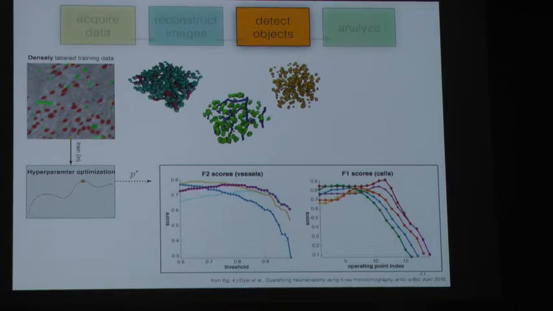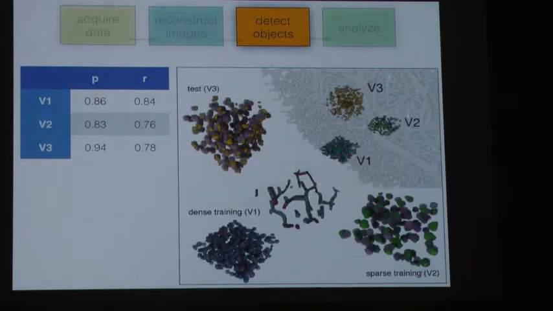Based upon those parameters on a training volume, on this large training volume here, we then apply that algorithm at scale over the entire volume, and then we can evaluate the reconstruction performance on these held out test data sets. So in the end, this is the training cube, and then we have two test cubes, and we get on average about 85% accuracy, although in some cases we get slightly better precision.